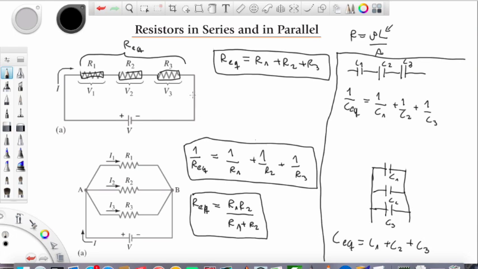So you have to be careful that you don't assume that whenever stuff is in series, you calculate them in the easy way. No. Easy way only when resistors are in series or if capacitors are in parallel.